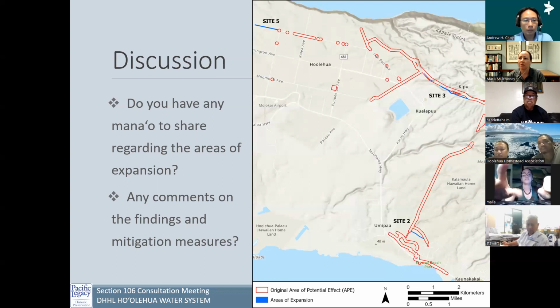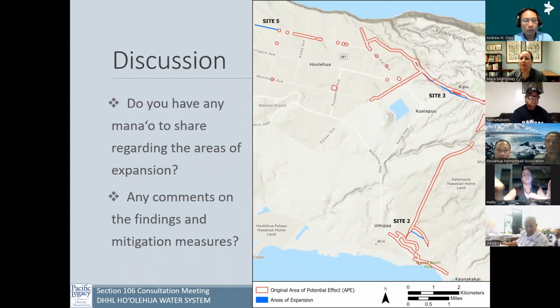Some major improvements are proposed to the maintenance building in Ho'olehua. I know that the team was waiting on some materials, and so some of that work has been on hold for the time being.